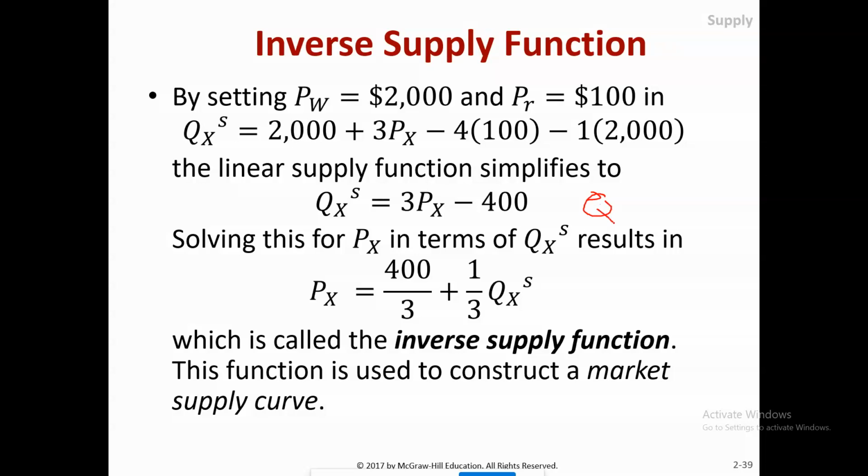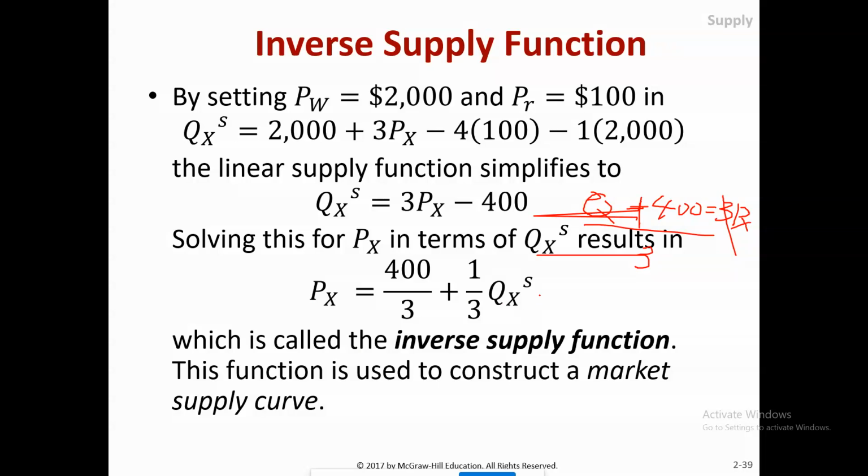So Q X, move the 400 to the left-hand side. Then price of X by itself. And we normalize everywhere by dividing by 3. Then we can see price of X is 400 over 3 plus a third of the quantity of X. This is called the inverse supply function.